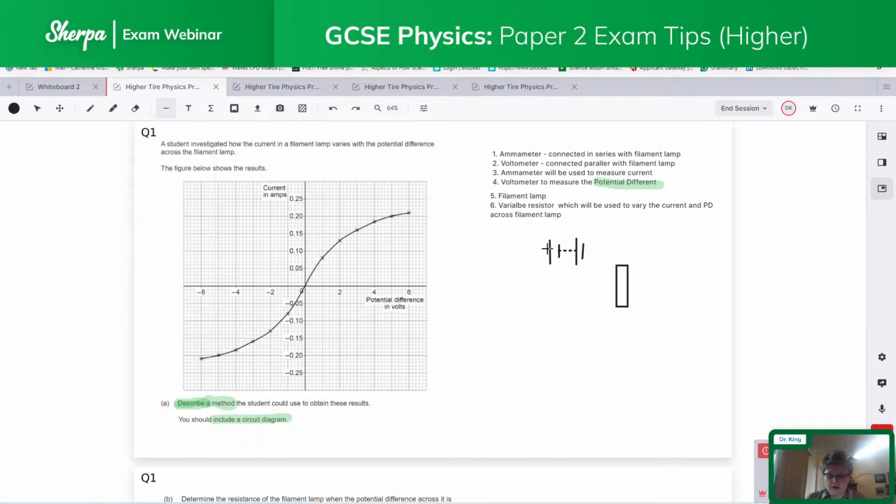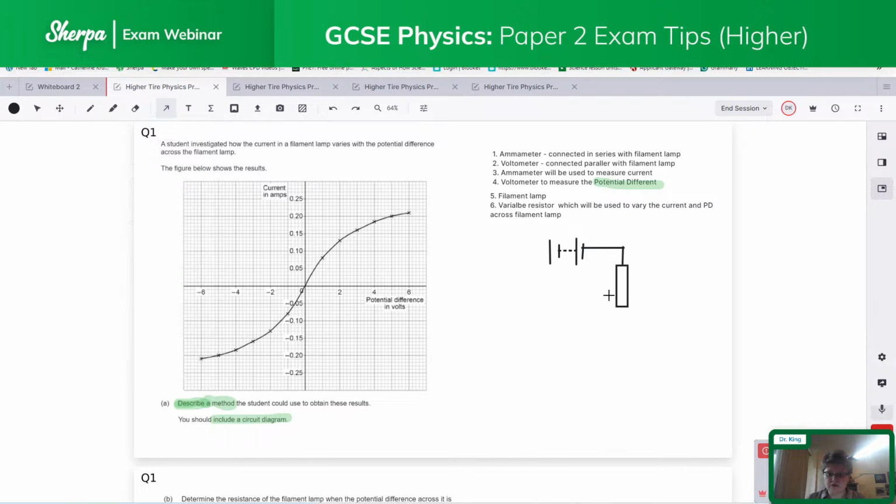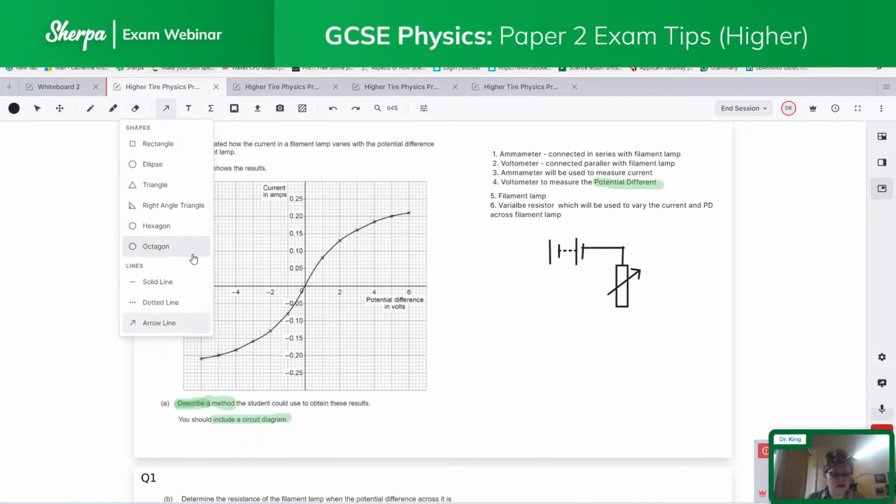So my battery will be connected to my variable resistor. The difference in the variable resistor symbol is the arrow, which suggests you can change the current and potential difference by changing resistance.